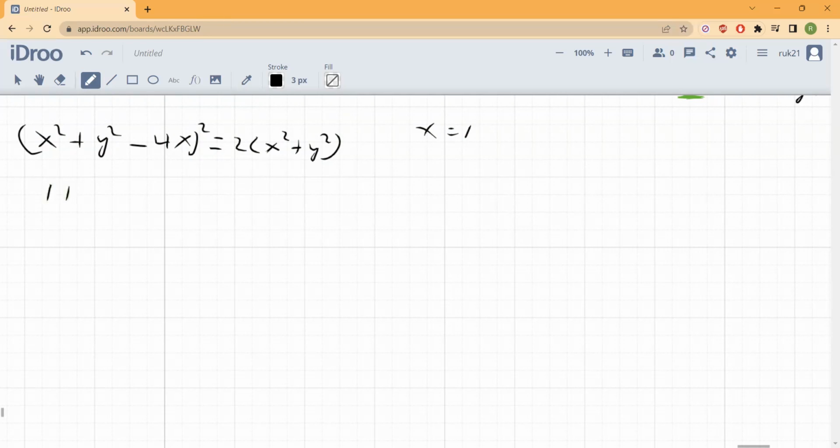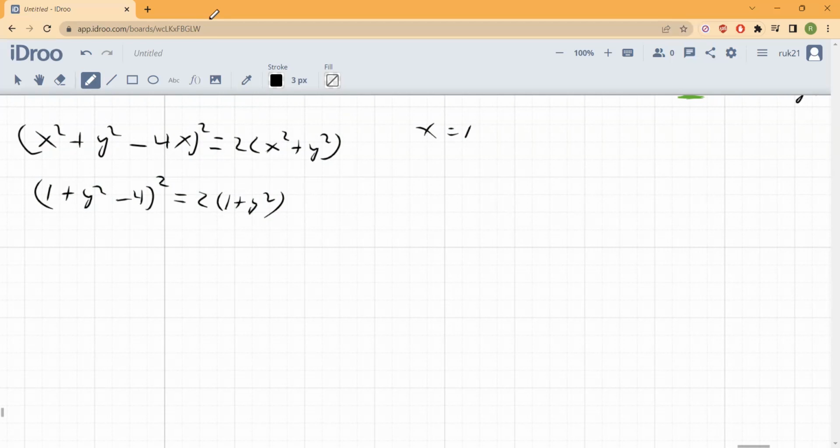So we're going to get (1 plus y squared minus 4) squared is equal to 2 times (1 plus y squared). Now we just need to expand everything and bring everything to the same side.